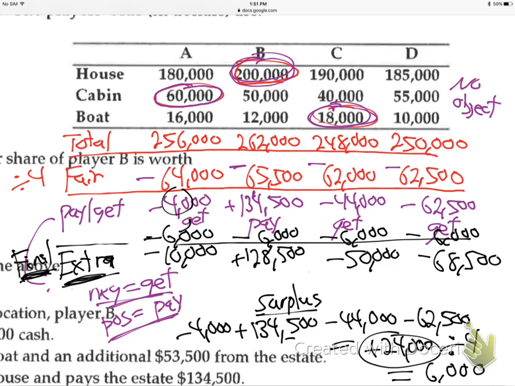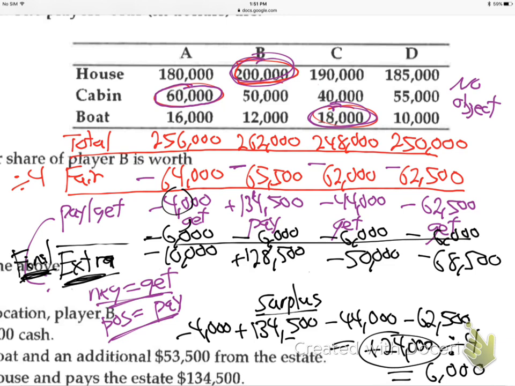So when somebody gets something, it's a negative to the estate. The estate pays them out. So because this is get money, the 6,000, it's negative really. So I put negative 6,000 on all of them. That makes sense? Because it's get. Sure. Other questions I can answer?